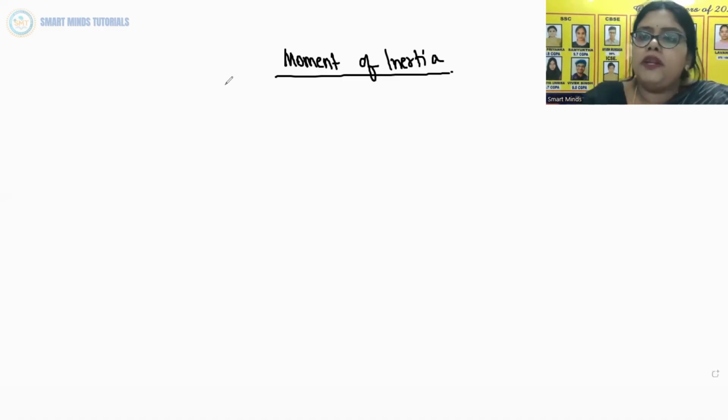To keep the discussion simple, we shall consider rotation about a fixed axis only. Let us try to get an expression for the kinetic energy of a rotating body. We know that for a body rotating about a fixed axis, each particle of the body moves in a circle with linear velocity.